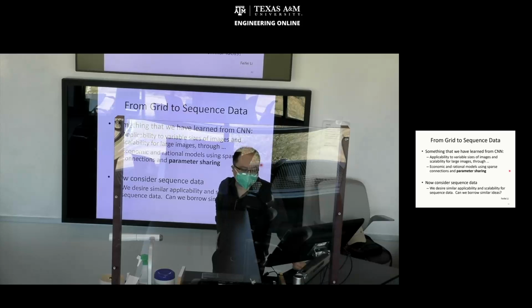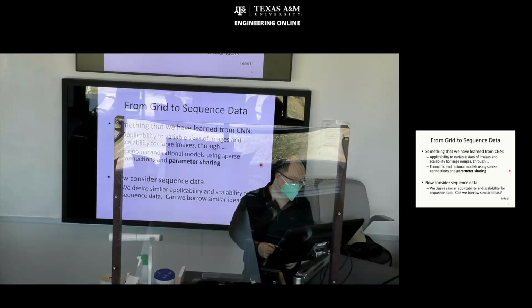So we look at the convolution at the end because it really gives us what we want. But keep in mind that this convolution kernel is very small, 3 by 3, 4 by 4, much smaller than the image size. And using these convolutions, we can make this applicable to variable sizes of images and scalable to large images and so on.